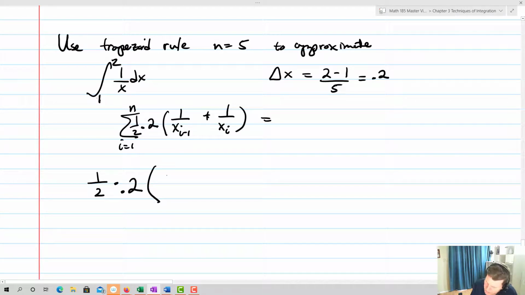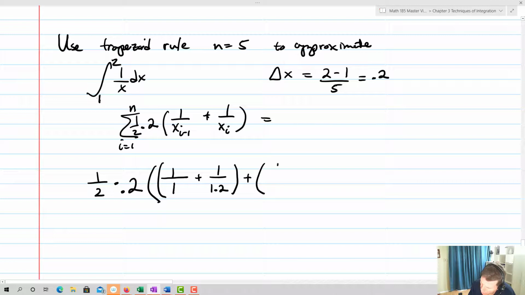So this is going to equal 1 over 1, because that's the first value, plus 1 over 1.2. That's my first grouping.